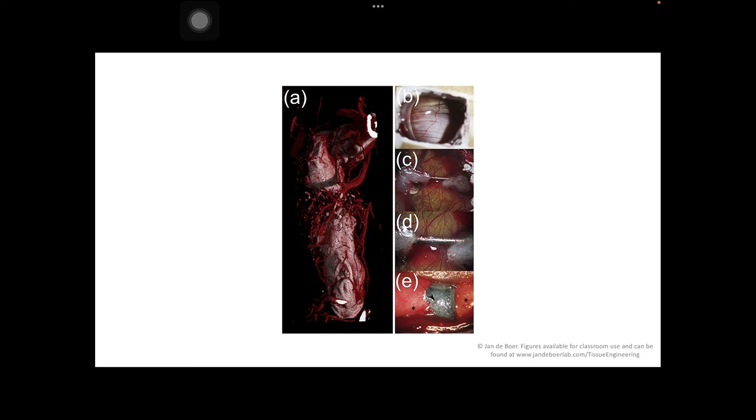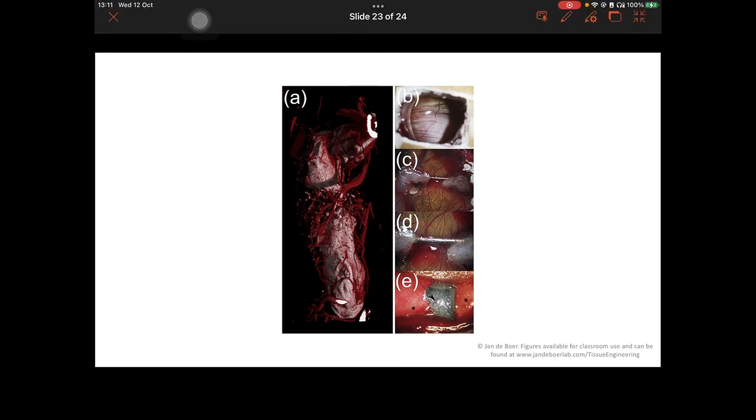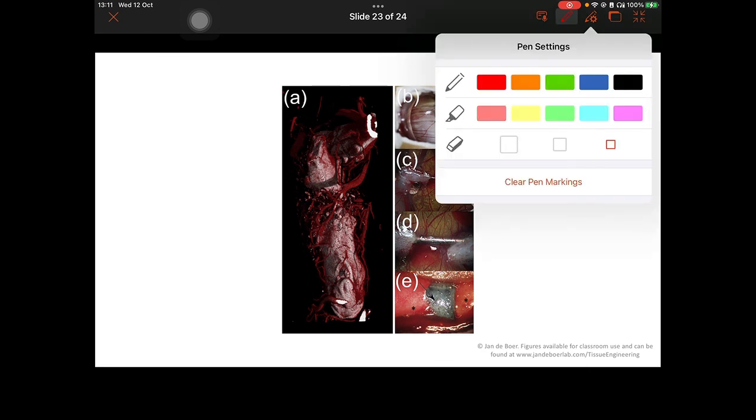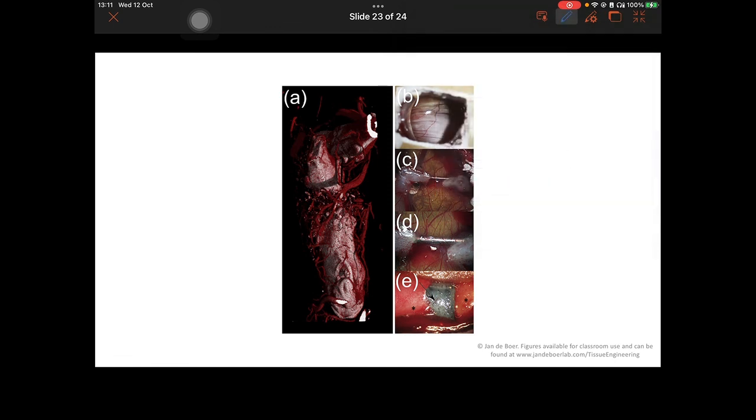Finally, if we have strategies that can accelerate vascularization, we already mentioned that vascularization is quite important. And I'm going to change color here to blue.